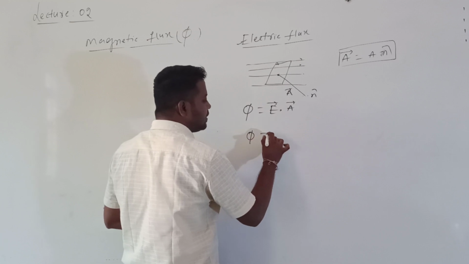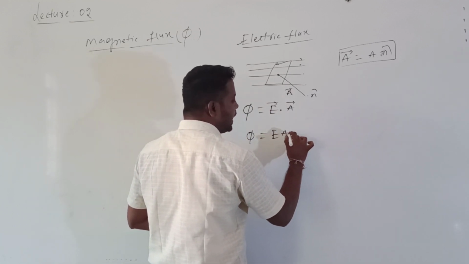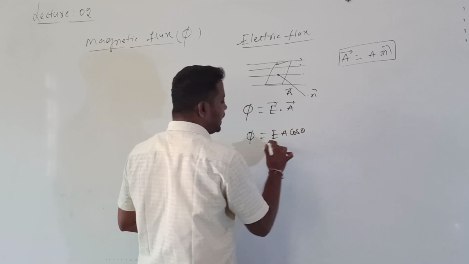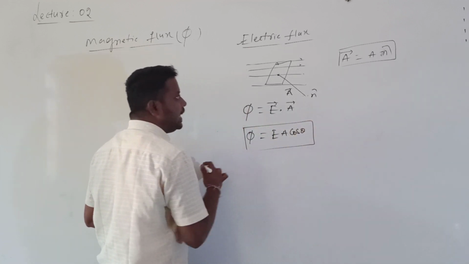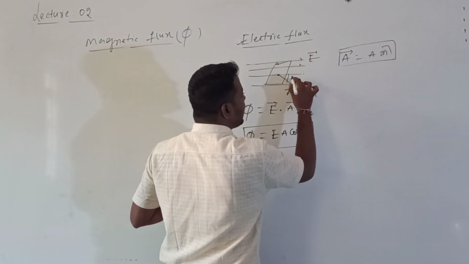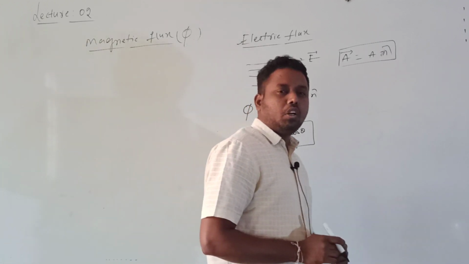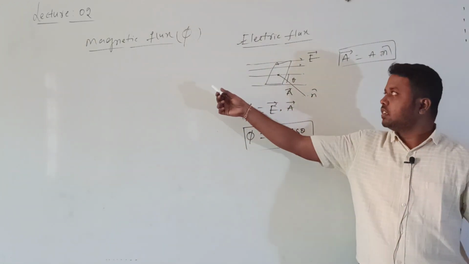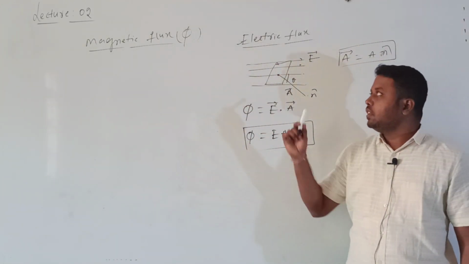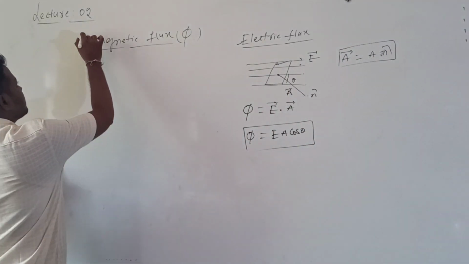So electric flux is the dot product of electric field intensity and area vector, which is E into A into cos theta. What is theta? Theta is the angle between electric field intensity and area vector. To understand magnetic flux, I am recalling electric flux once again.